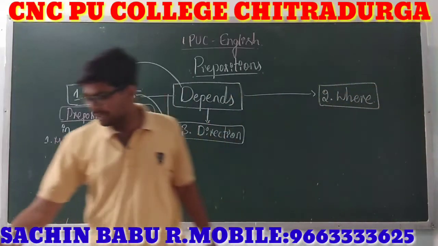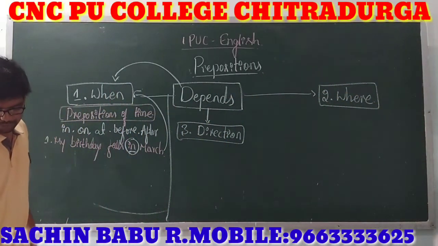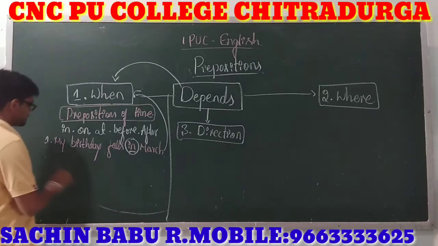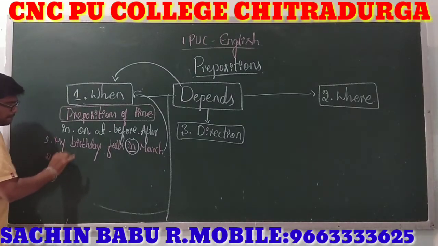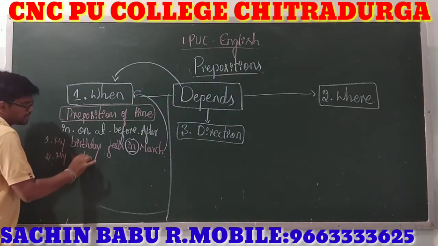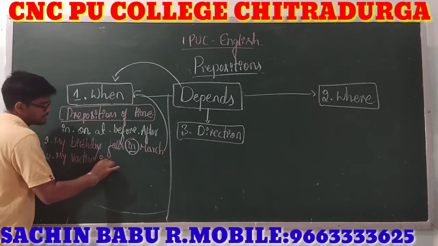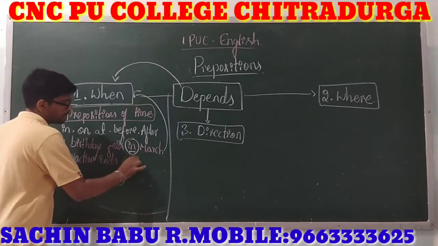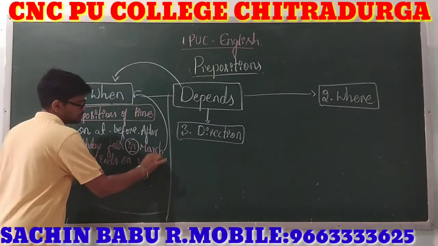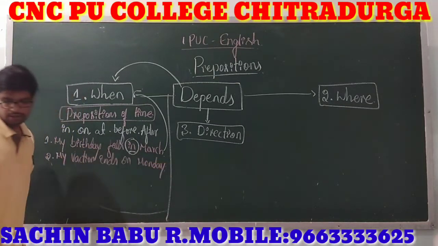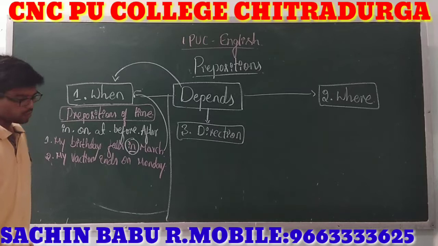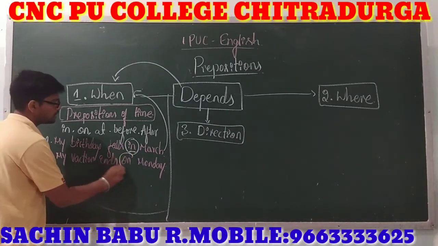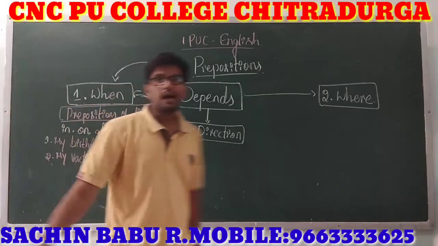And the second example that we are going to know about: my vacation ends on Monday. Look at here, my vacation ends on Monday. So here on, look at the preposition called on.